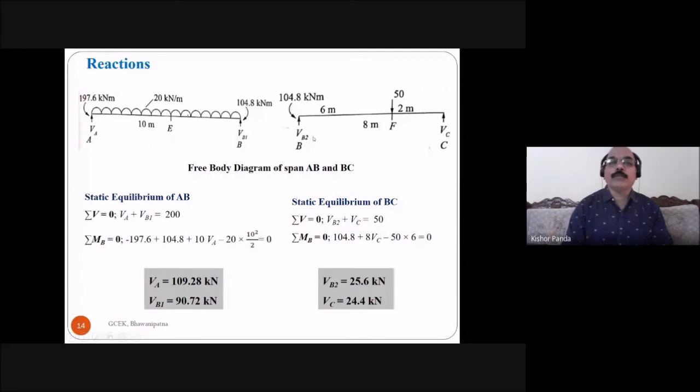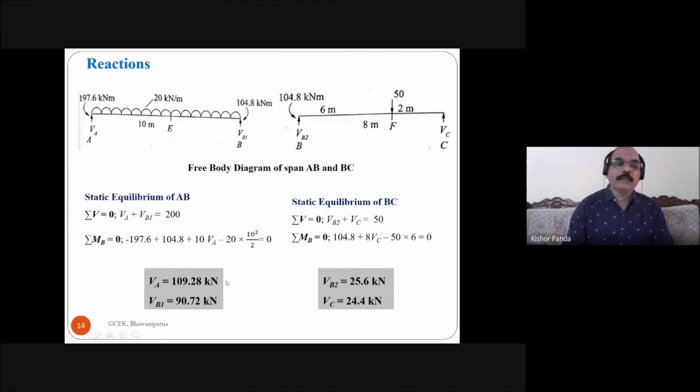Then the summation of moment about B is equal to 0: VC into 8 anticlockwise, and this moment is also anticlockwise, so 8 VC plus 104.8, and due to this load it rotates clockwise, 15 into 6. After simplification of these two equations, I will get the values of VB2 and VC.